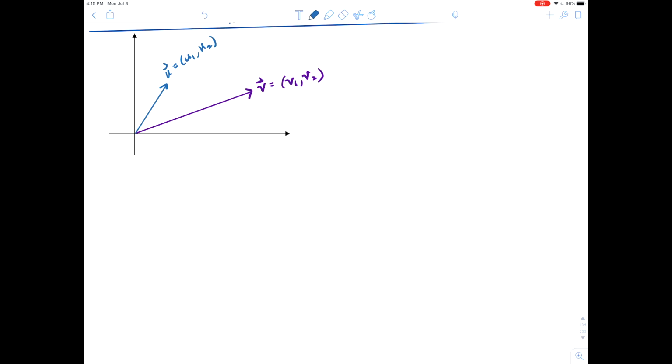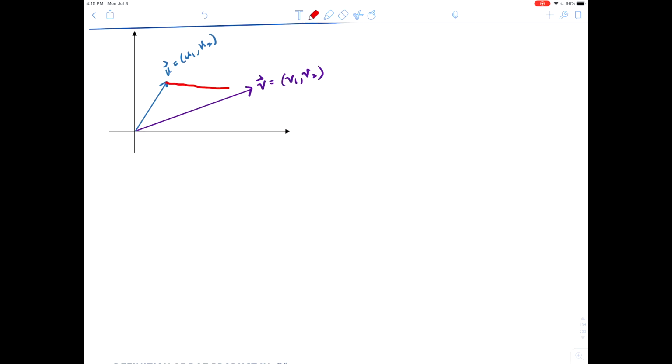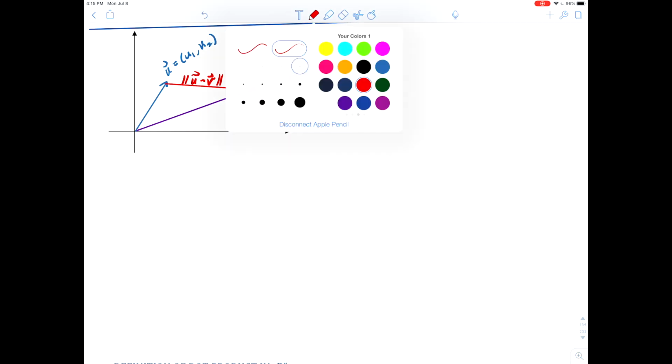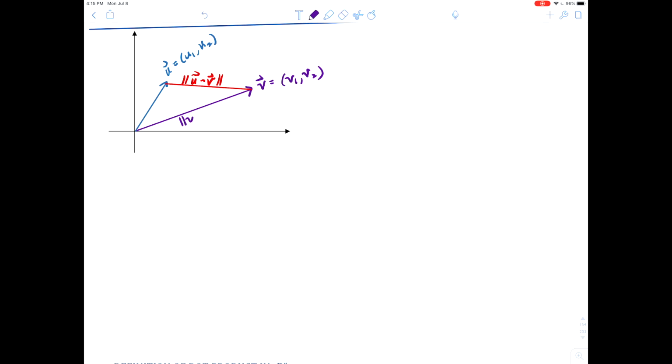Cool so far? All right. We know that if we connect these two, this is the magnitude of u minus v from our last theorem. And we also know that this is the magnitude of v here, the length for the v vector, and the length for the u vector is the magnitude of u. Cool, cool? And I purposely had it where we don't have a right angle.